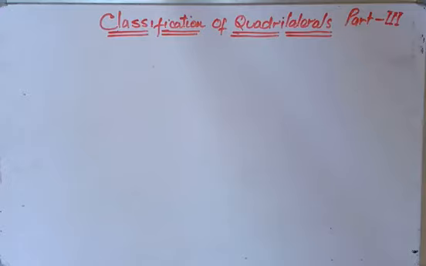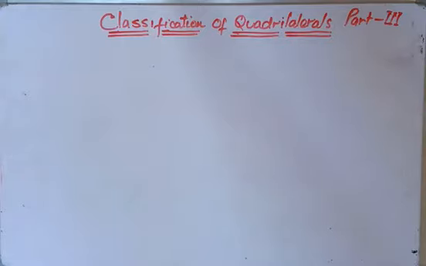Then we talked about the various types of parallelograms. We modified the parallelogram into two different types of quadrilaterals. One was the rectangle, and we discussed the properties of the rectangle. Then we talked about the properties of the rhombus. Then we modified the rectangle and rhombus. We modified the rectangle with respect to its sides into a different type of quadrilateral called a square. A square can also be formed from the rhombus when we modify the rhombus with respect to its angles.